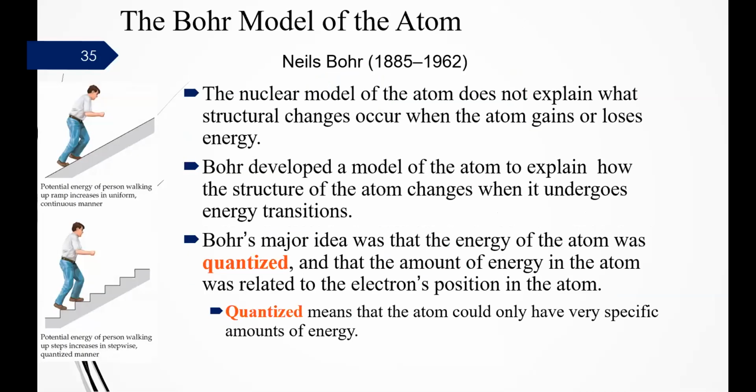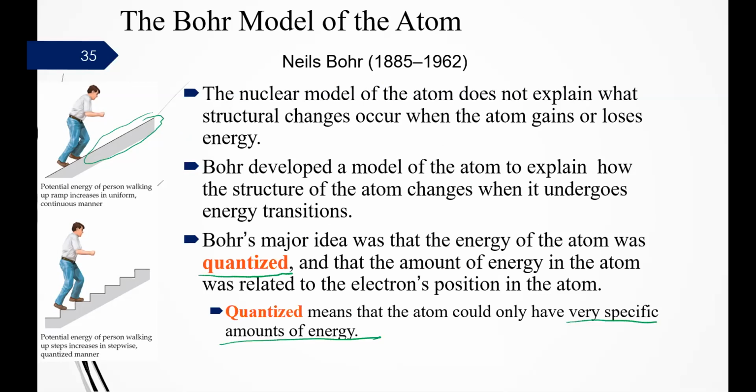Basically what Bohr recommended was, maybe our structure was relatively the same, but the difference is that instead of it being a continuous spectrum where electrons can be like a ramp, the energy of the atom is restricted into what we call quantized. That means the amount of energy in the atom is related to the electron's position, but they can only have very specific amounts.